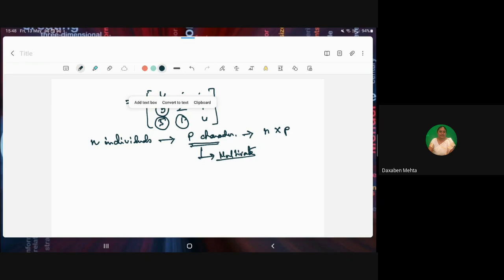But if you cannot split the dependent and independent variables, that is, you collect some information on some character of the individuals, but you cannot conclude which one is dependent and which one is independent, then it is better for you to go to multivariate.